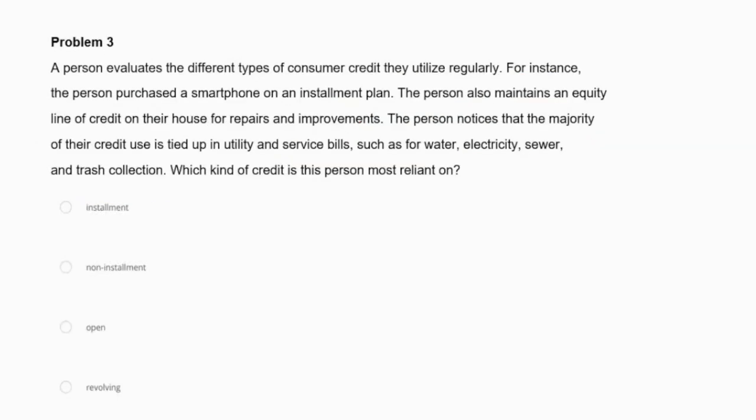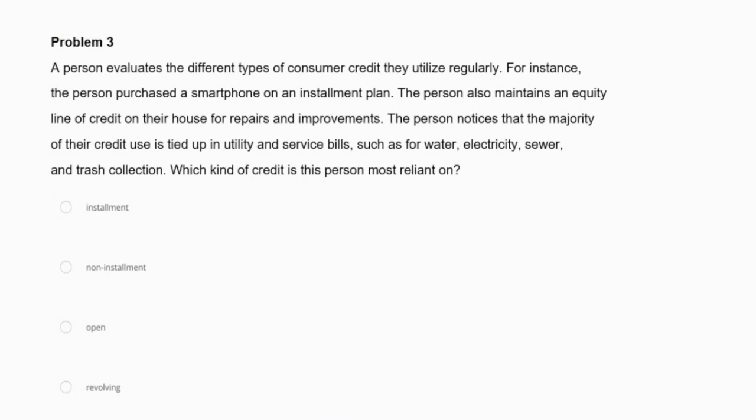A person evaluates the different types of consumer credit they utilize regularly. For instance, the person purchased a smartphone on an installment plan. The person also maintains an equity line of credit on their house for repairs and improvements. The person notices that the majority of their credit use is tied up in utility and service bills, such as water, electricity, sewer, and trash collection.